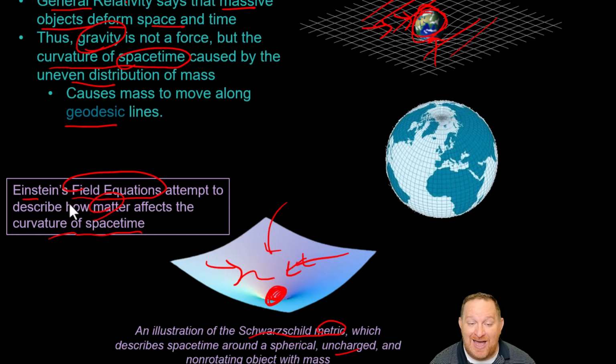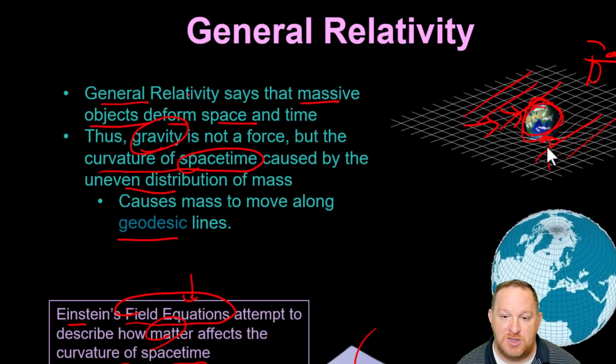If you look at Einstein's field equations, I recommend you go online and Google these. They are very complex, and they're a way of trying to describe the math of how objects bend space-time. Really fascinating to dig deep into, but fair warning, you're going to need some advanced calculus and some advanced differential equations to really look at that.